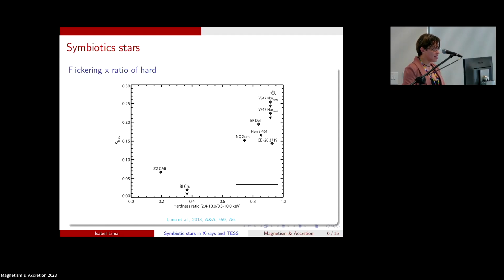And as you can see here, the harder the X-ray emission is, the more intense the UV flickering. And flickering is an important diagnostic of accretion.